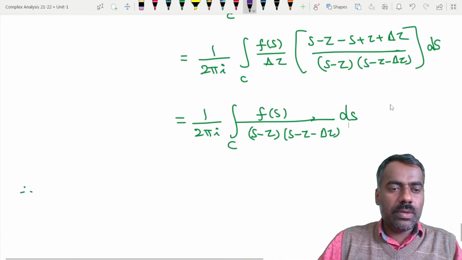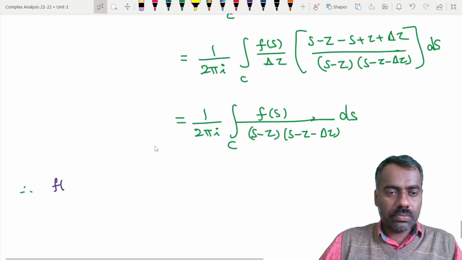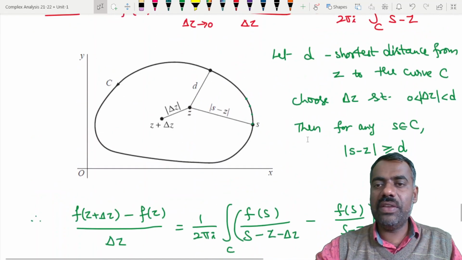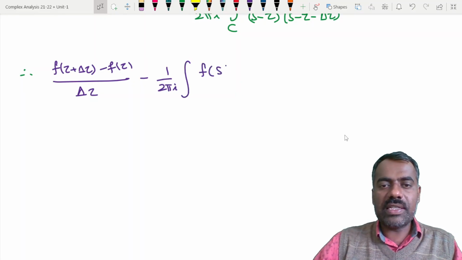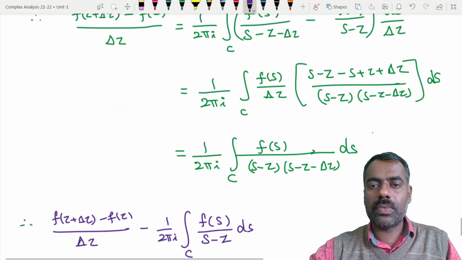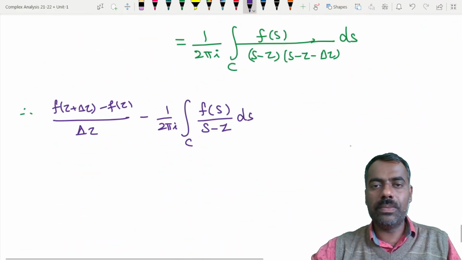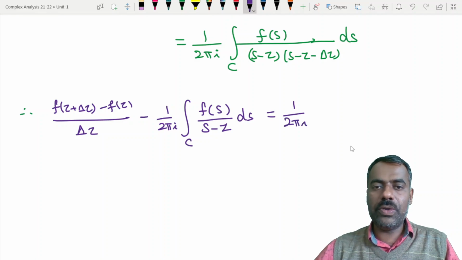So therefore, this f of z plus delta z minus f of z upon delta z, minus this value, which is 1 by 2 pi i, integration of f of s upon s minus z, ds over C. This value is equal to, this is the same as 1 by 2 pi i, here also 1 by 2 pi i is there.